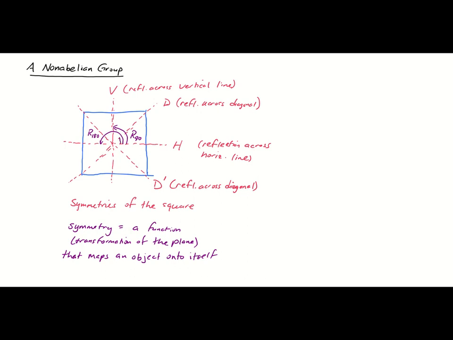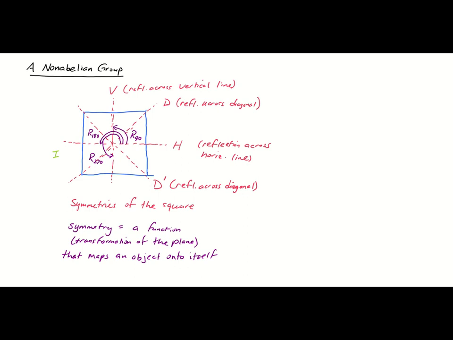I can also rotate by 270 degrees. I'll call that R270. And finally, there is a transformation which does absolutely nothing. We call that the identity transformation. So there's a transformation that just takes the entire square and leaves everything in place. Let's call that I, because that's going to turn out to be the identity element of the group we're about to define.